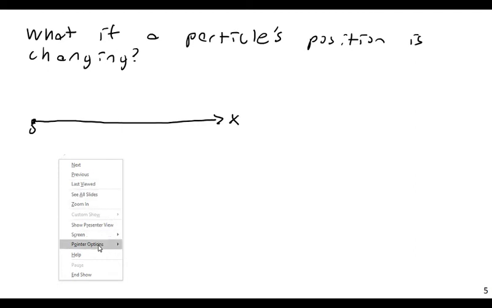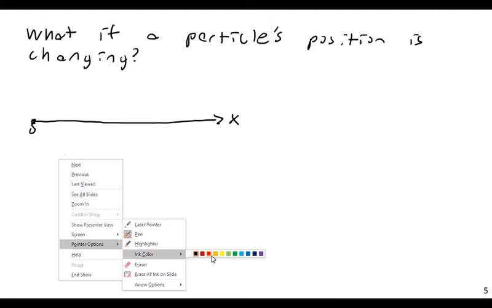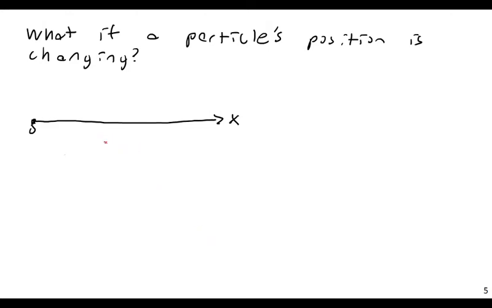Let me say I have a few locations here. Maybe I have this location P and a location P prime. Maybe this is the initial and this is the final.